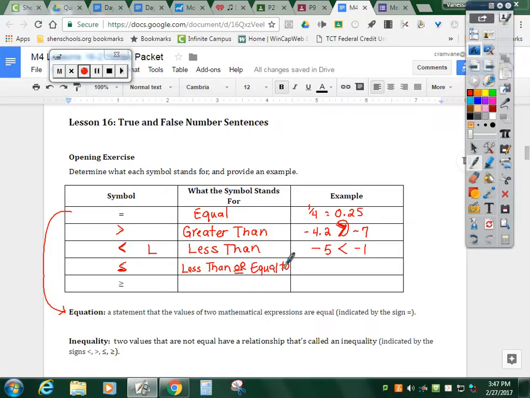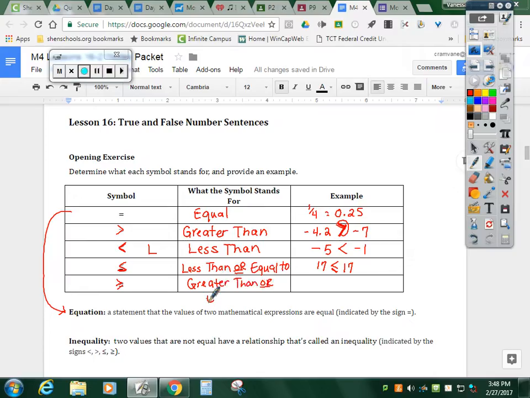Okay, so I could make a true statement with that sign that said 17 is less than or equal to 17. Okay, 17 isn't less than 17, but it is equal to, so this makes this a true number sentence.